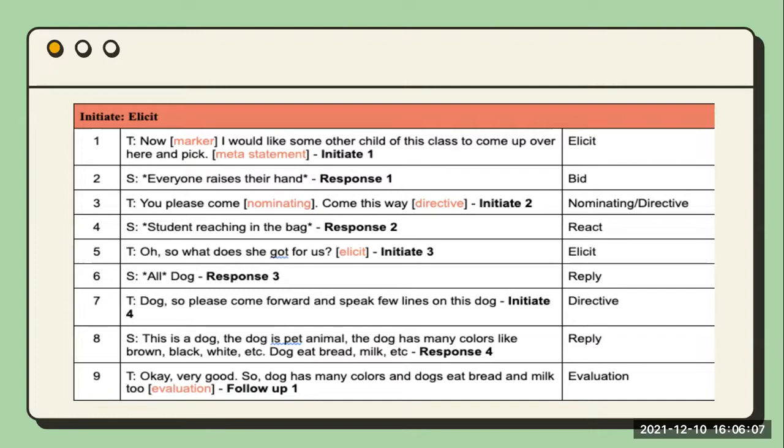Number 3, after the students raise their hands, the teacher picked someone, which is called nominating. And then for the last one, number 7, directive, the teacher said, "Dog, so please come forward and speak few lines on this dog." And that's initiating.